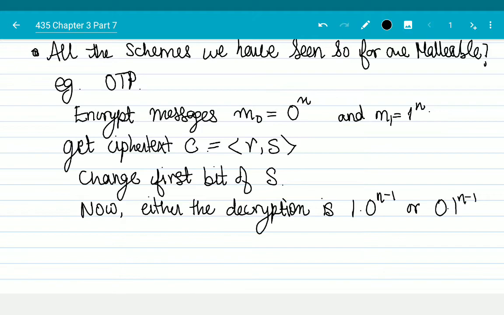What kind of attack are we doing here? We are now going to look at what is called the chosen ciphertext attack.